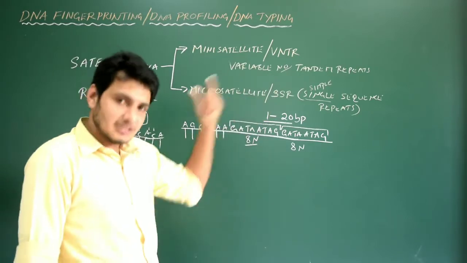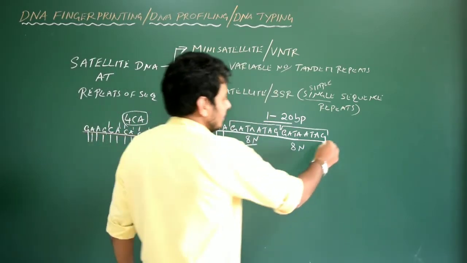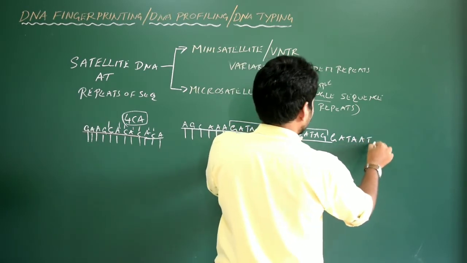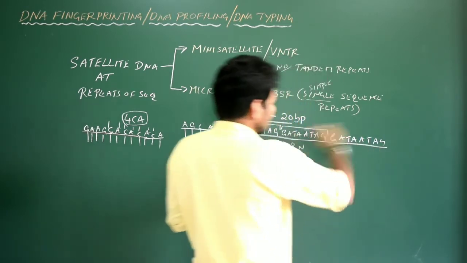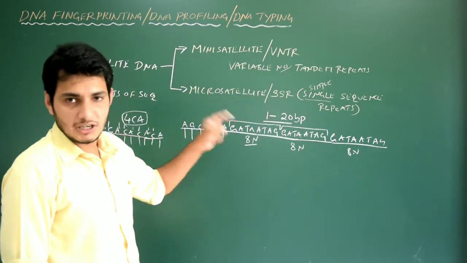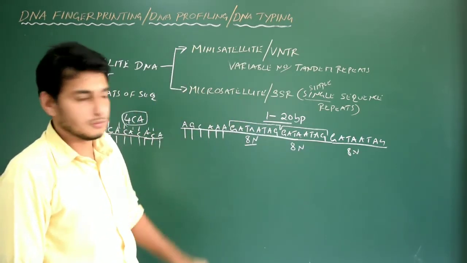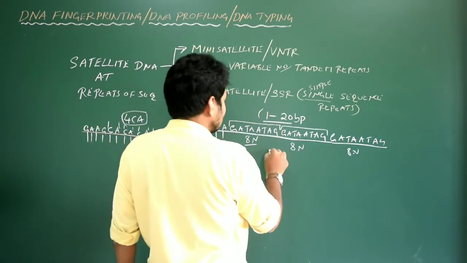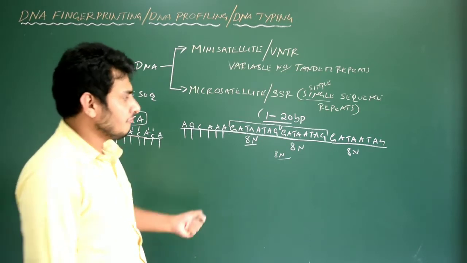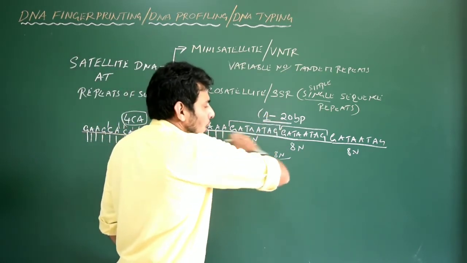So I can stretch it. Again, if I write GATA, that means this 8 nucleotide sequence is repeated thrice in one particular chromosome. Okay. That means it contains 8 nucleotides, but it may vary if it is a long stretch.